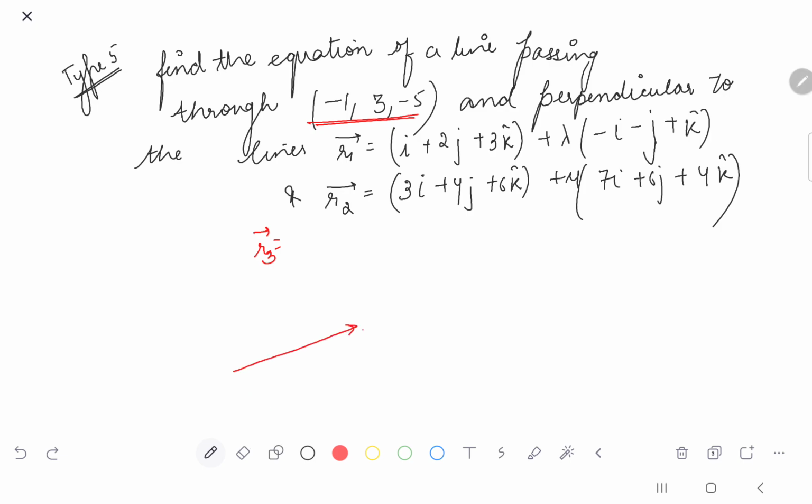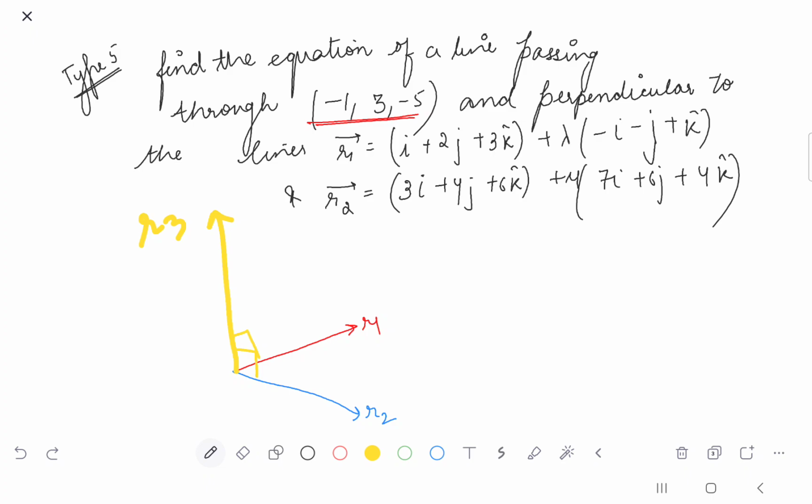This is R1, this blue line is R2, and I have to find the third line, which is R3. Are you understanding? Yes, ma'am. This R3 line is perpendicular to both R1 and R2. That's what the question is saying. Yes or no? Yes, ma'am.